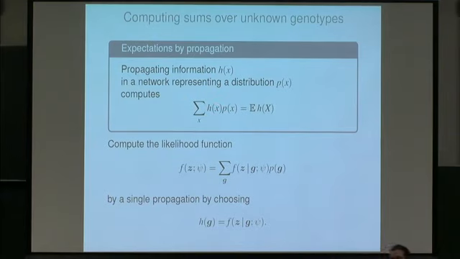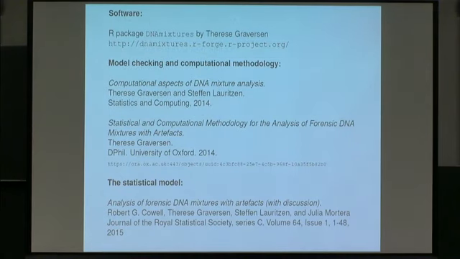And that is exactly what I want if I compute things such as the likelihood function. I want to compute here the marginal distribution of peak heights by summing up over all genotypes for the peak height distribution given genotypes. So one single propagation will give me the likelihood function. And I'll end there. Thank you.